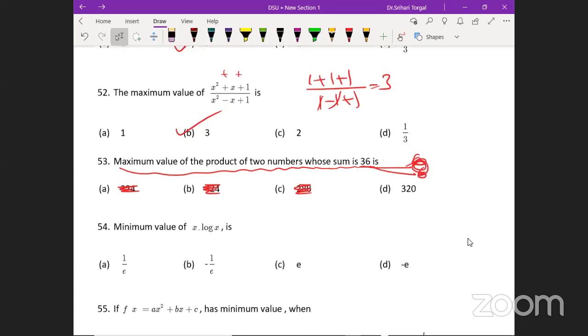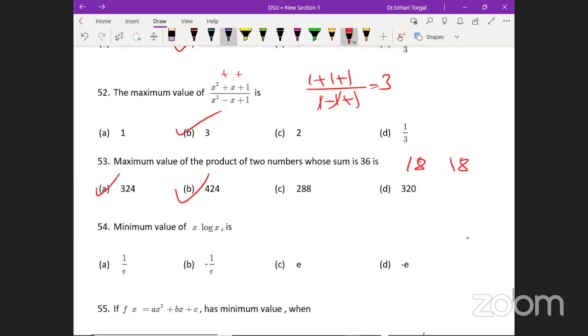So 36, then it is 18 and 18, right? What is 18 into 18? 324 is the answer.